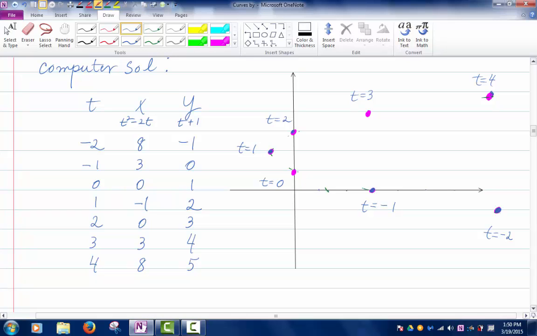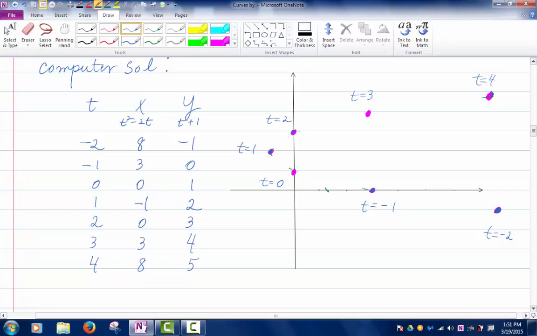Yeah. So we're putting these t values into a new function and getting x and y values? Not a new function. This x and y were given in the problem, right? X was given as t squared minus 2t. Y is given as t plus 1. So for each value of t, I'm computing the value of x and the value of y, and it's giving me pairs, right?